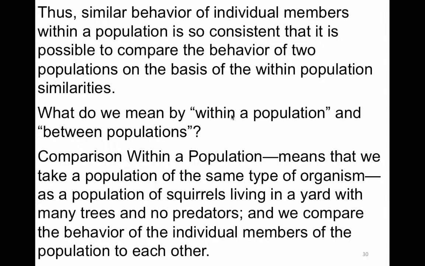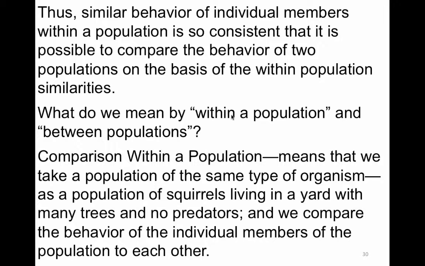Thus, similar behavior of individual members within a population is so consistent that it is possible sometimes to compare the behavior of two populations on the basis of the within population similarities. So what do we mean by within a population and between populations?